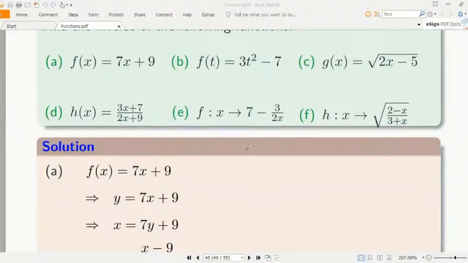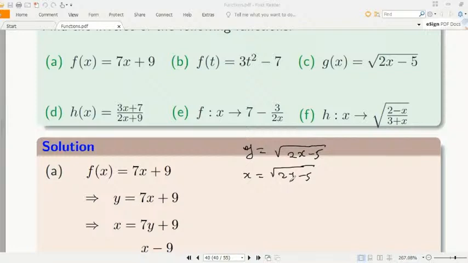So the procedure is: where there is g of x, write y. And the other step is where there is y, write x, and where there is x, write y.